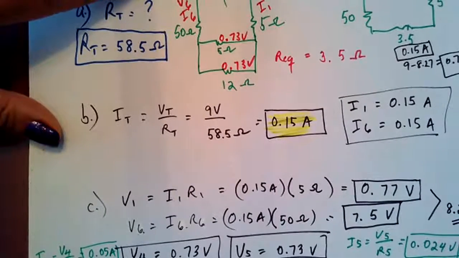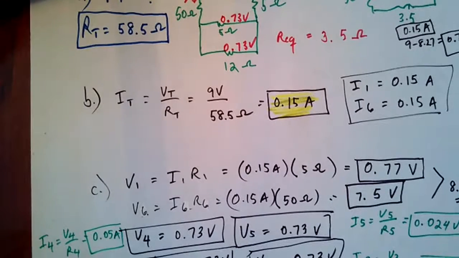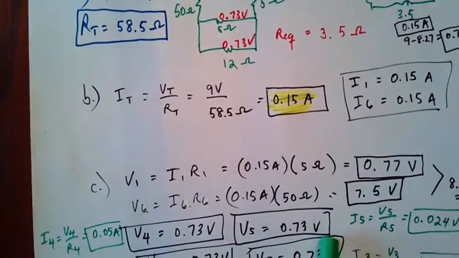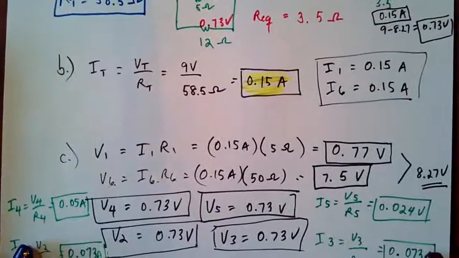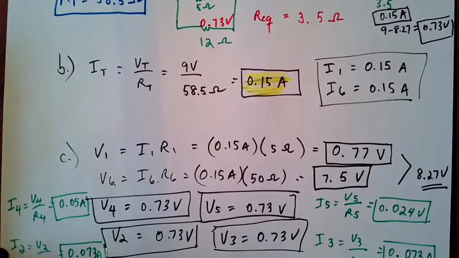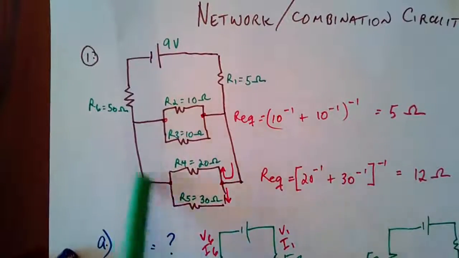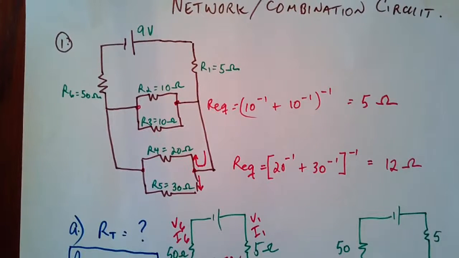So let's add the I4 and I5. I4 and I5 is 0.05 plus 0.024, and you get 0.074 between these two. And then you combine that with the 0.073 plus 0.073, and you get 0.146 amps of current. So rounding it off, you get 0.15 amps. So when you add all these currents here in I4, I5, I2, and I3, all these are receiving 0.15 amps, just as predicted using Kirchhoff's rules.